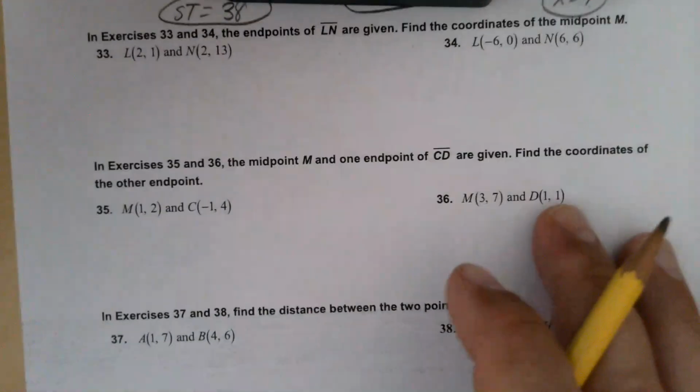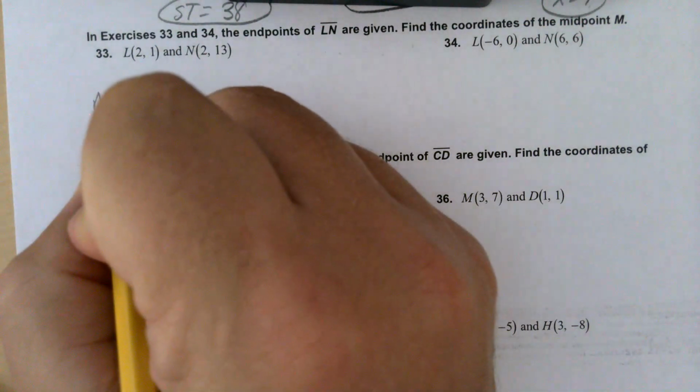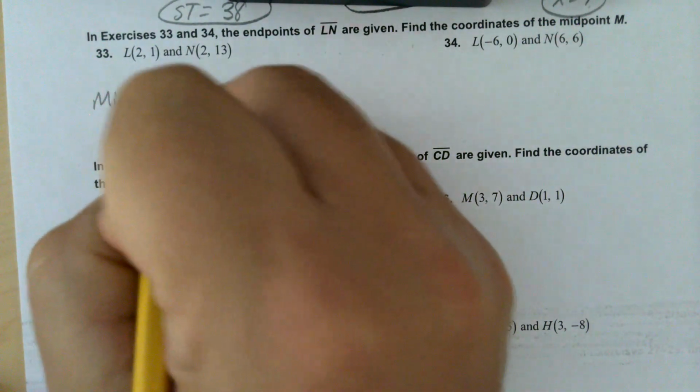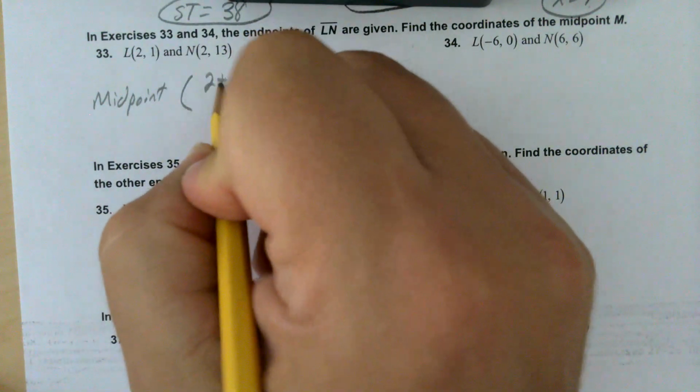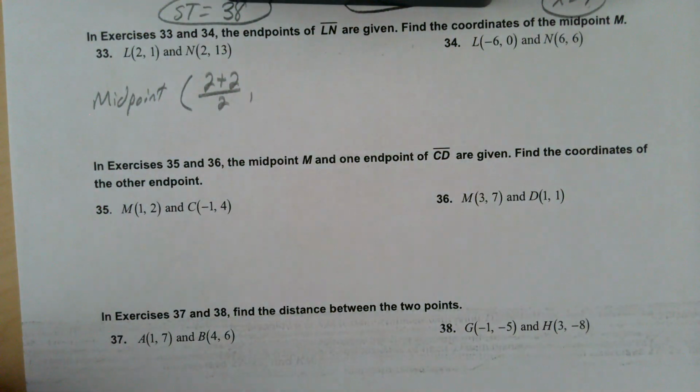And then here, we talked about the midpoint. It doesn't matter what the 2 points are, we should be able to find the midpoint very easily. And I have the formula on my board. It's just a simple matter of finding the averages of your x's and the averages of your y's. So the midpoint for number 33: I take 2 plus 2, that's my x's, and then I take that sum and divide by 2.